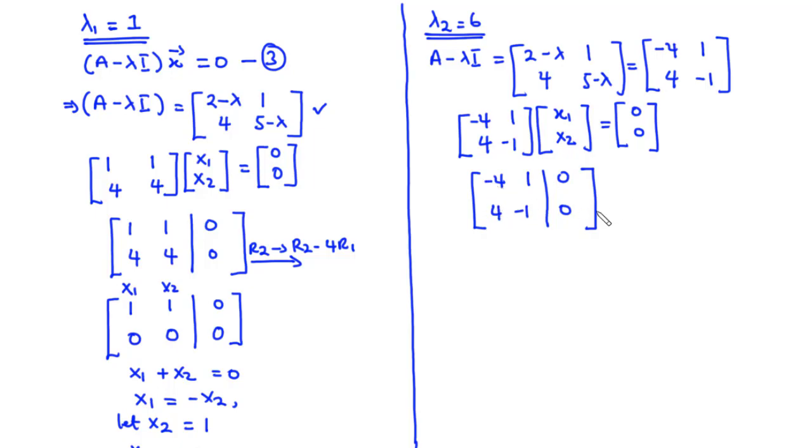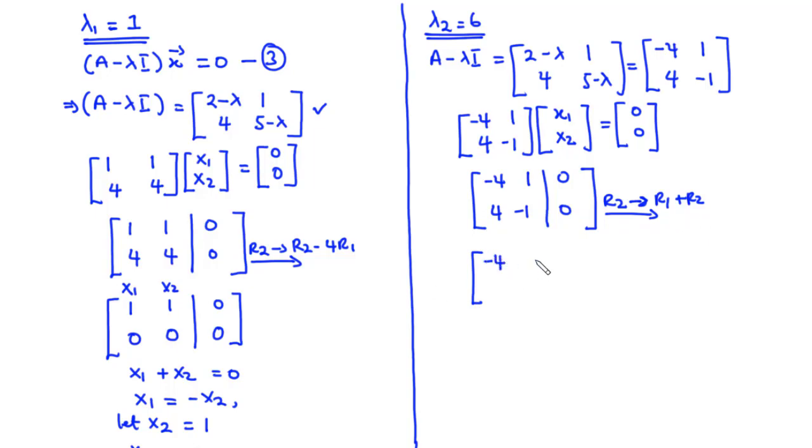We are going to perform the operation on row 2, because the idea is to make this value go to 0. And so the operation is R1 plus R2. If you add negative 4 to 4, you are going to get this value to be 0. So that is why we have this operation here.